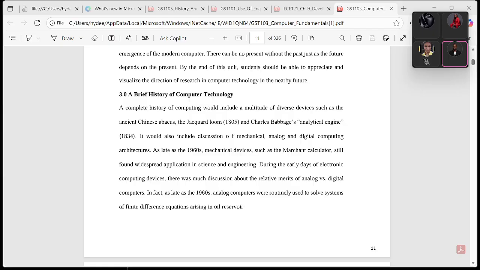And digital actually is dominating due to its scalability. It's dominating almost everywhere. So the focus of modern computer history is mainly categorized into that digital, that electronic aspect.